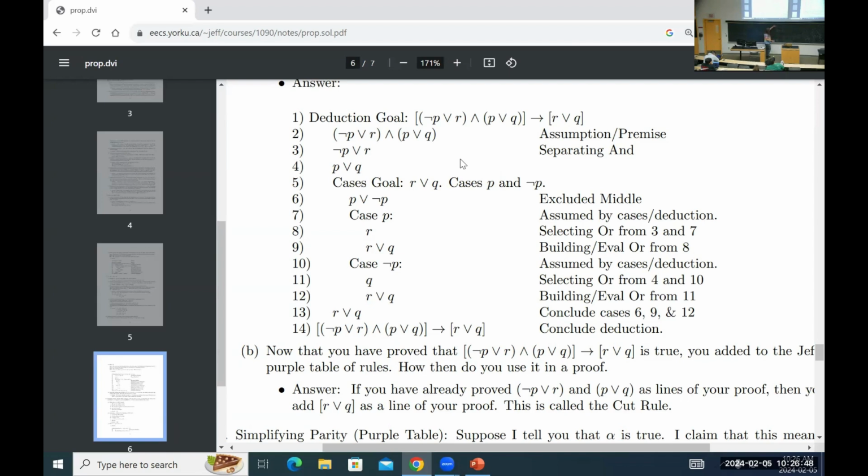How do I use this? I can't really go backwards from R because there's nothing there. But from this, how do I go forwards? Well, to prove R, clearly I have to prove that this is not the case.